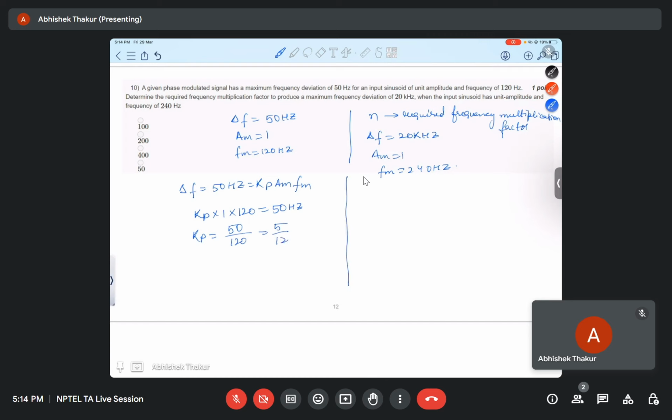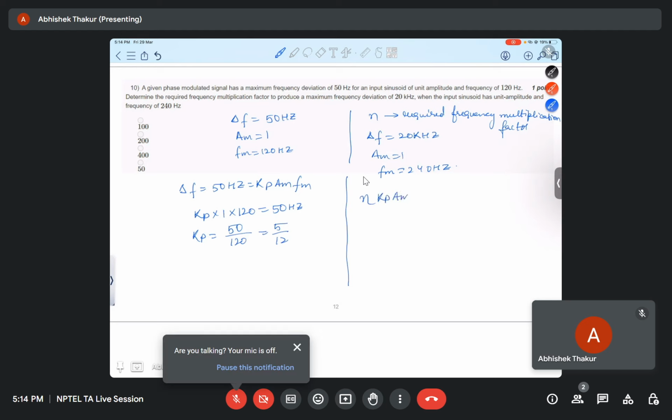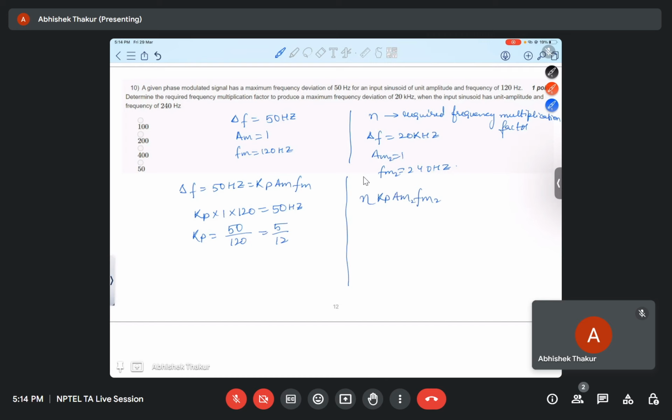Again, delta f is given as N into Kp into Am into fm. Let's take this as Am2, fm2, delta f2, which is equal to 20 kilohertz. N we have to find, and Kp is given as 5 by 12, Am2 is again 1 and fm2 is 240 hertz.